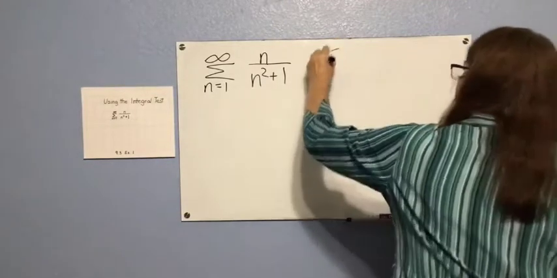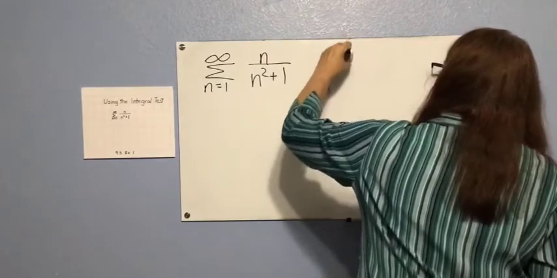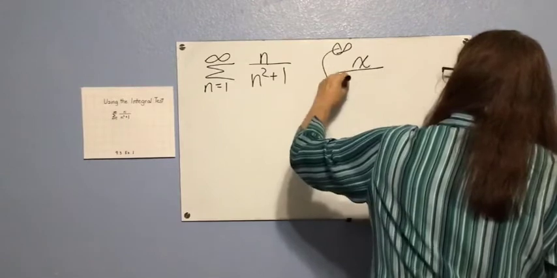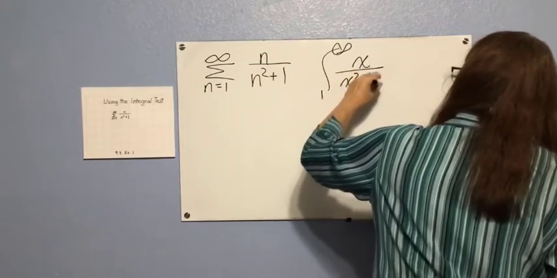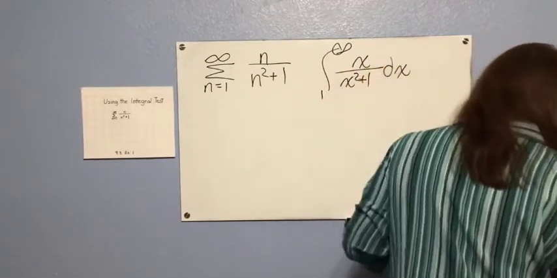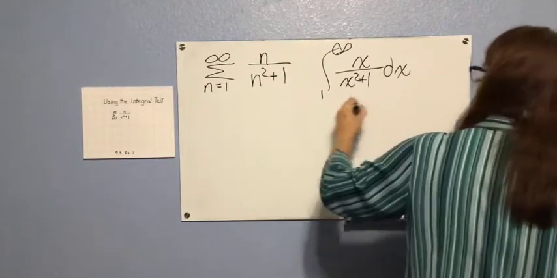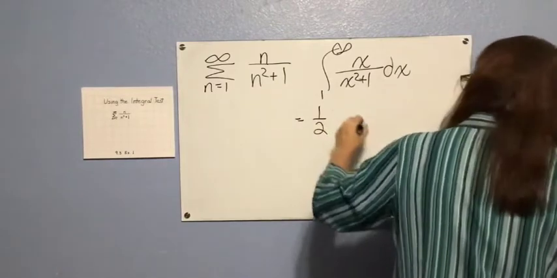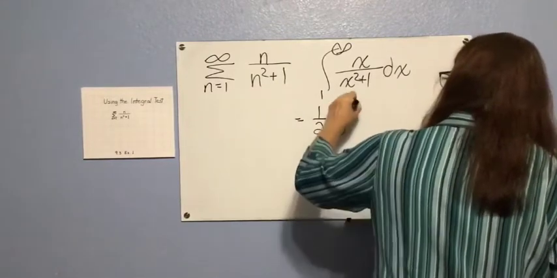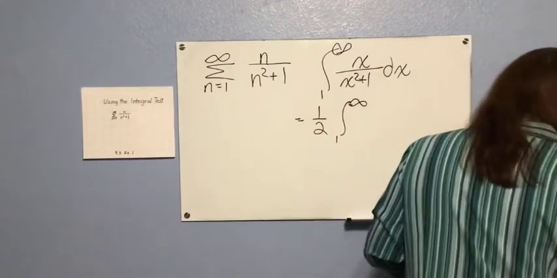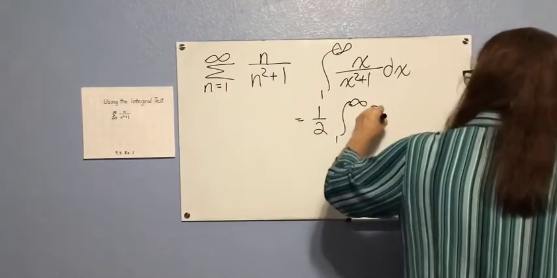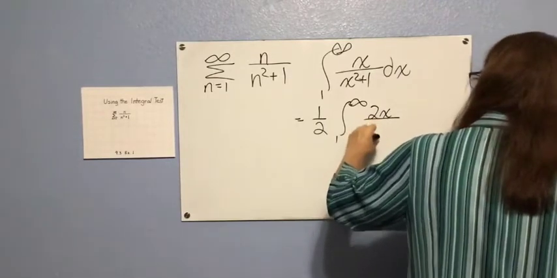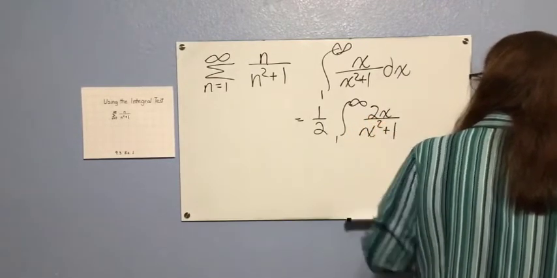Now let's integrate. And this is equal to 1/2 of 2x over x squared plus 1.